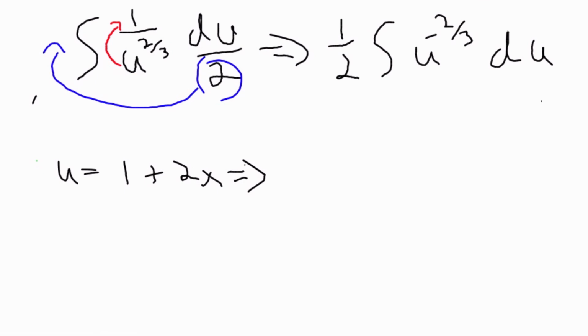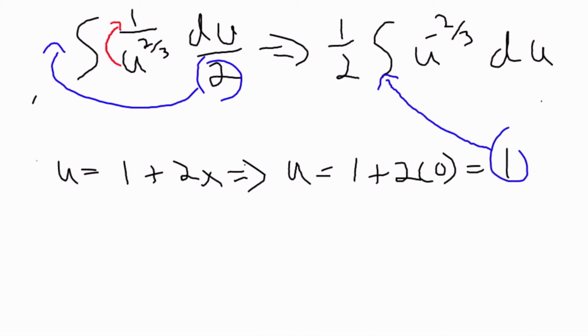So substituting the lower bound into find our limits, we get u is equal to 1 plus 2 times 0, which is 1. So our new lower bound is 1. For the upper bound, it's the same thing.